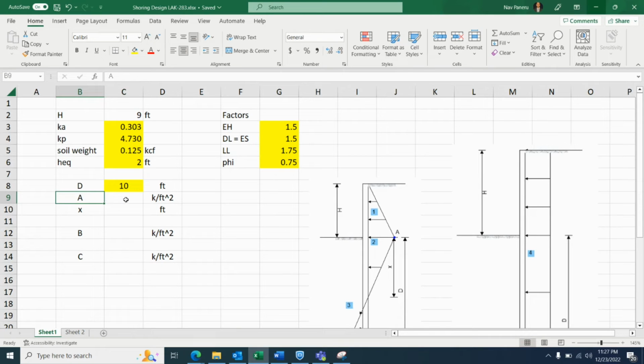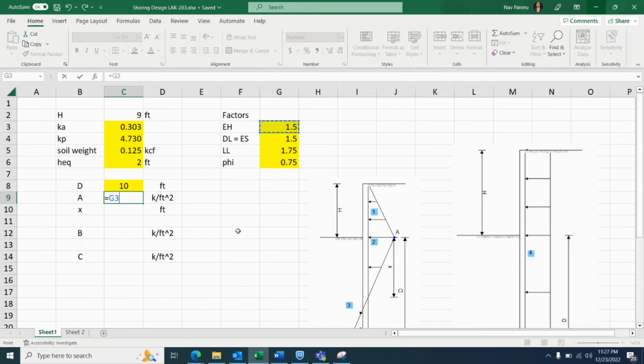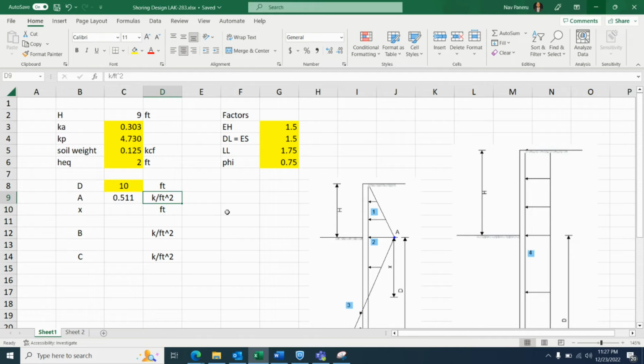So the equation for A, as I already explained, is EH, the load factor, times the active earth pressure coefficient, Ka, times γ, the soil unit weight, multiplied by the height h, and enter. The unit is kip per square foot. Because it's along the sheet pile, which is continuous, we'll be assuming 1 foot of sheet pile, so the overall unit is kip per foot.